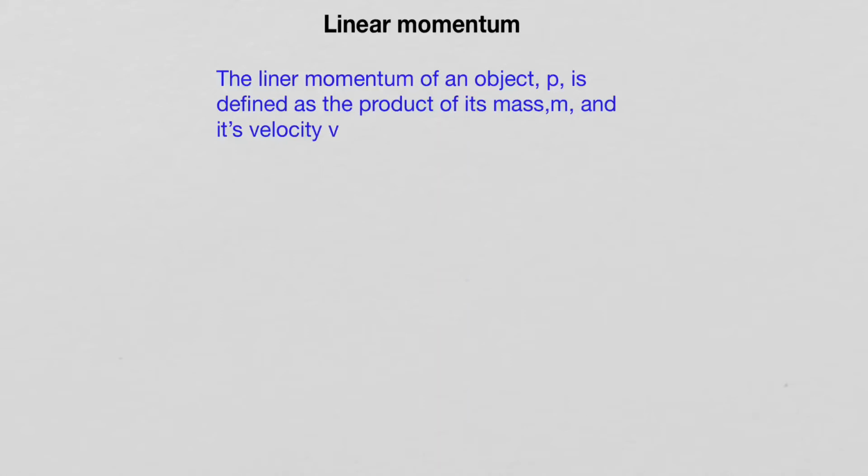And so momentum depends on the mass. So it's related to the inertia of an object. And momentum also depends on the velocity. And so, as such, it's a vector quantity.